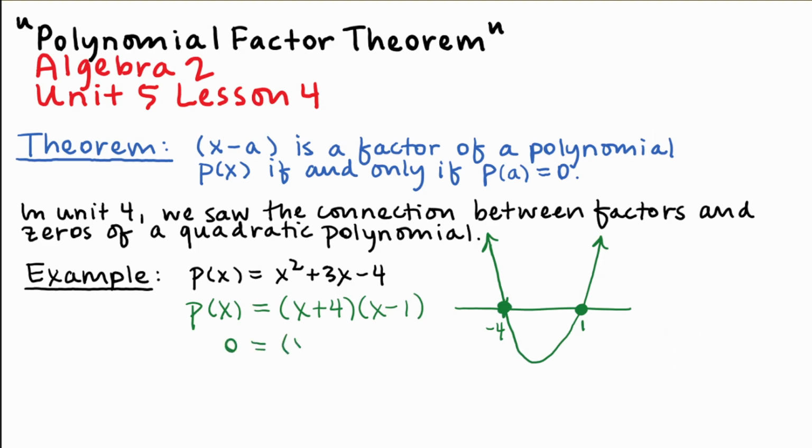And we also know the zero product property: if two numbers multiply together to equal 0, then one of them was 0. We're not going to multiply two non-zero numbers together and get 0. So either x plus 4 was equal to 0, or x minus 1 was 0, and that led us to believe that x was negative 4 and x was positive 1. So we've seen this connection before between factors and zeros.